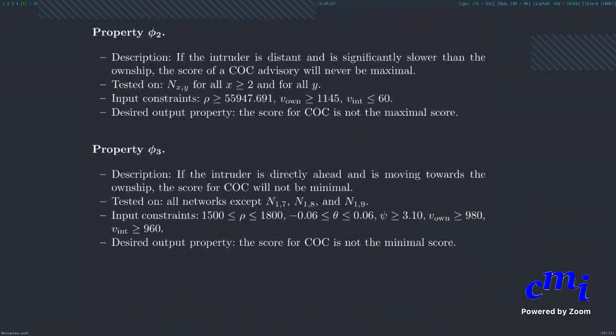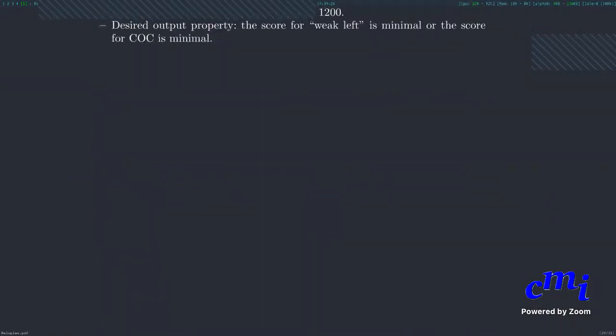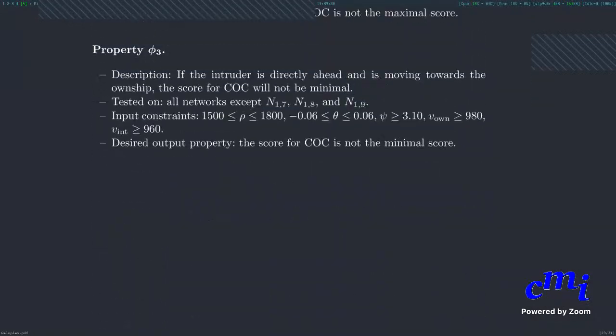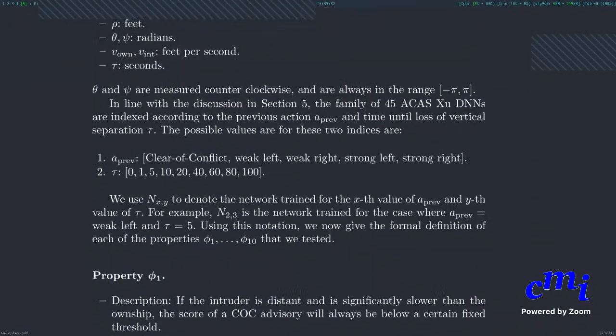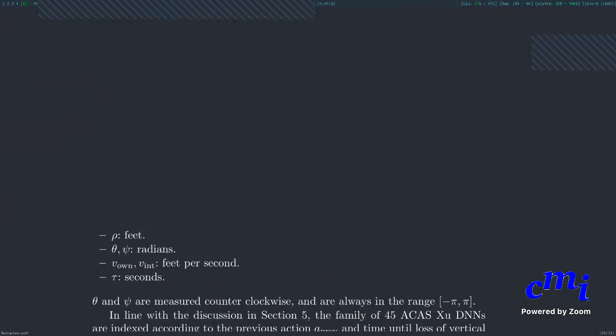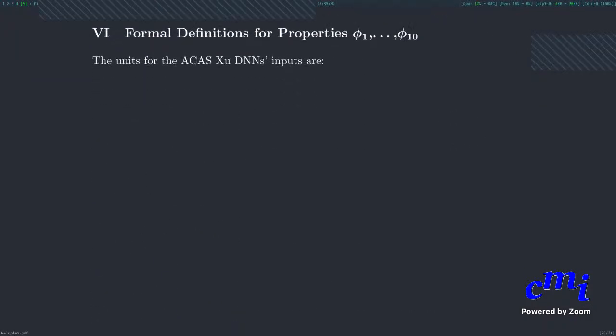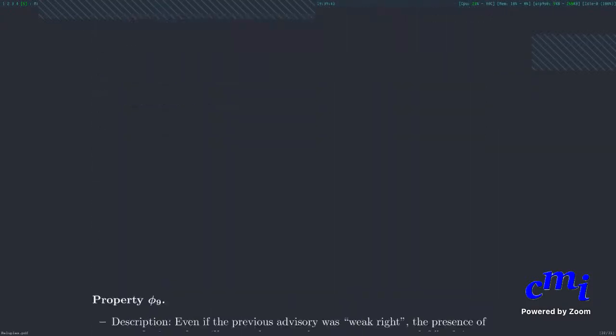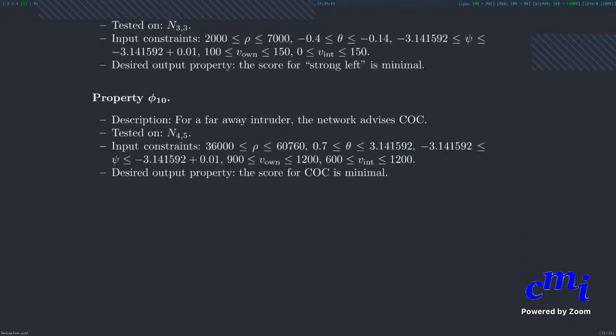You have the list of 10 properties here. Just go through these and you'll get some idea about what the properties are. We will discuss the rest of the paper in detail in due course. This is a really relevant and interesting paper for us, but in general, you can start looking at appendix 6, which has all of the properties listed.